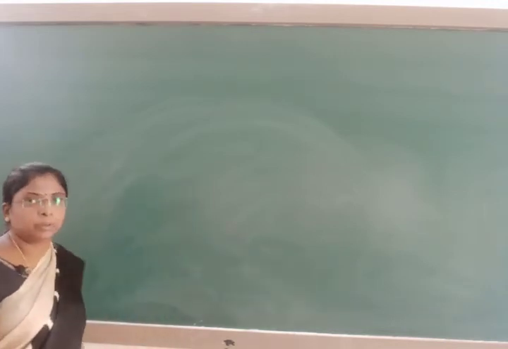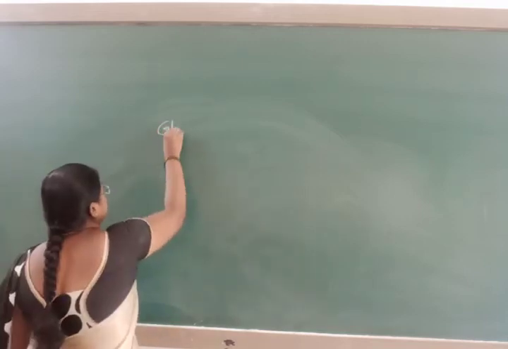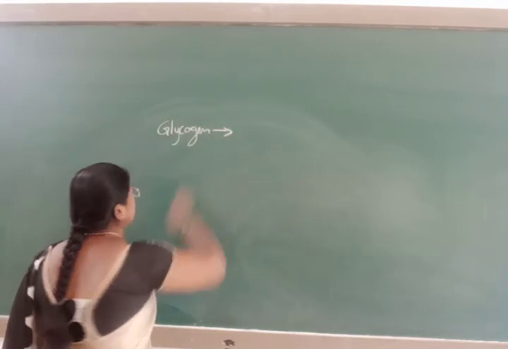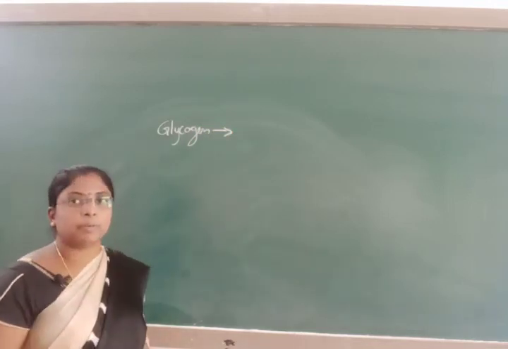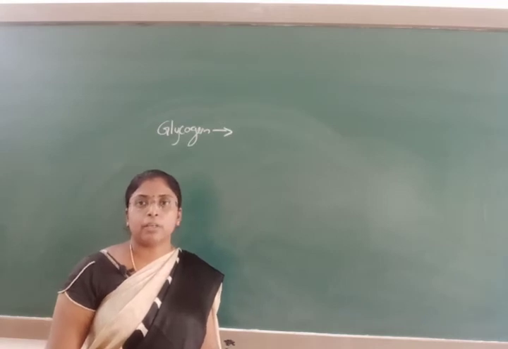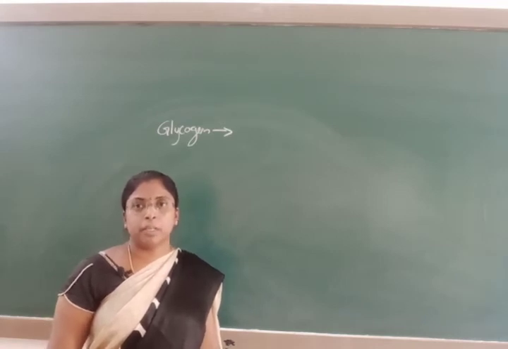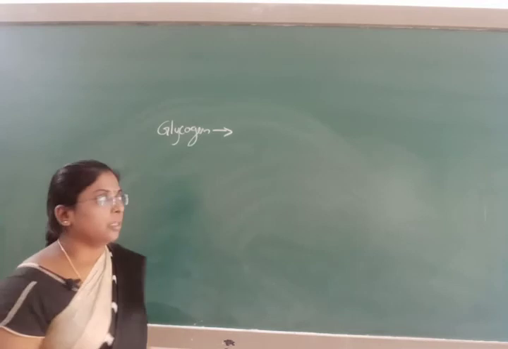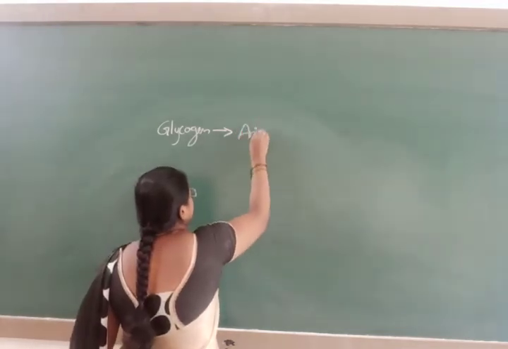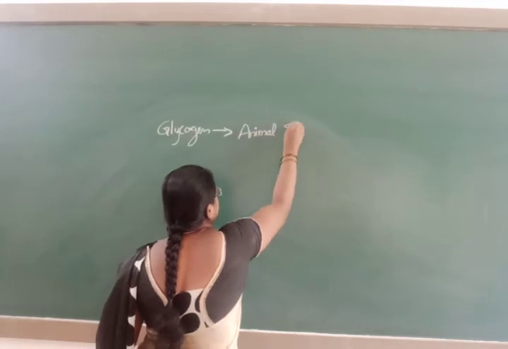After cellulose, next comes glycogen. Glycogen is present in the form of a storage material. This glycogen is present mainly in animals, and it acts as animal starch.